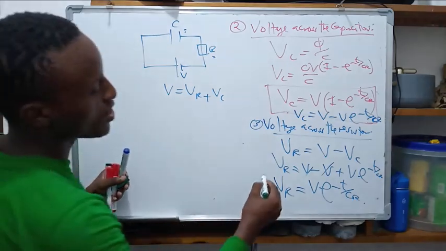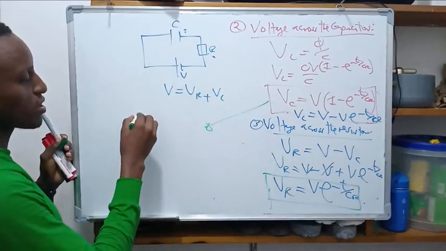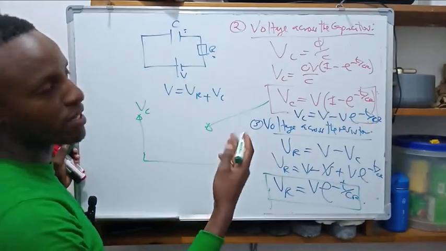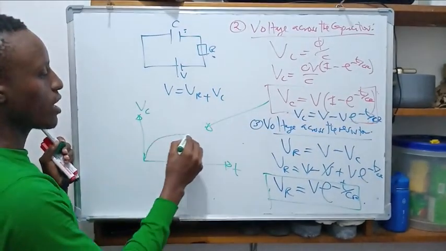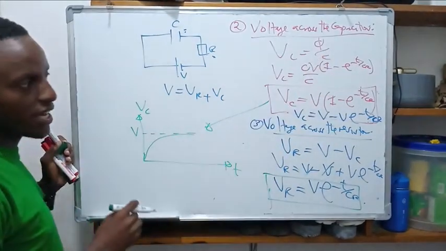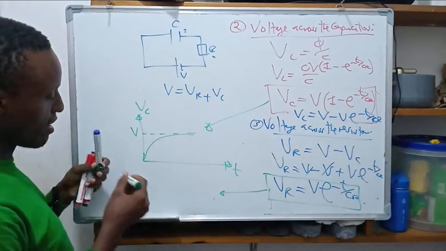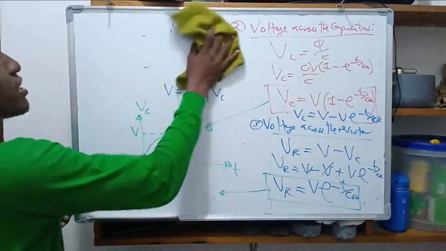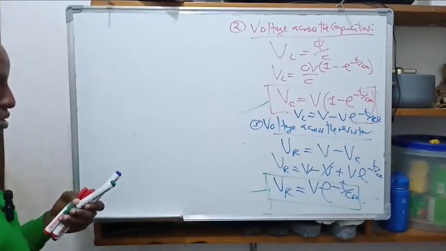How about its nature? The graph for this one you can draw according to its nature. The VC with time: how about the voltage across the capacitor? I told you about this. If you have this nature, it rises and goes around to the maximum V. Now let's draw the nature for VR, the voltage across the resistor.